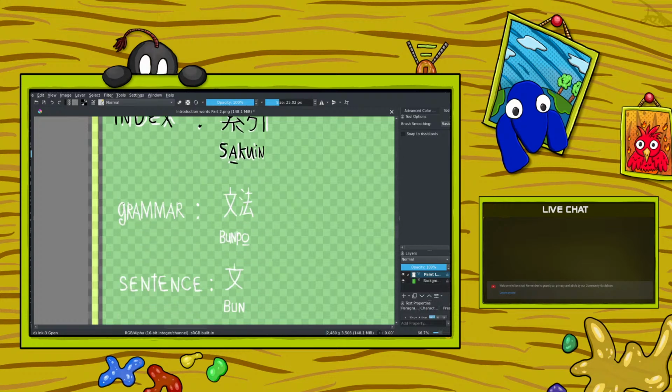Then the next one, which is grammar. Which of course is called Bunpo. Bun. Sentence. And po.